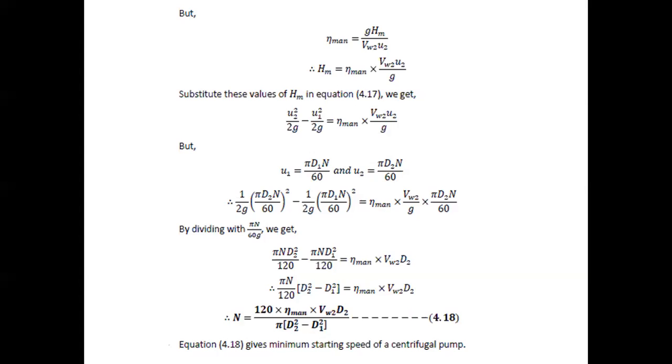So pi N by 120 is common: d2 square minus d1 square equals efficiency Vw2 d2. So N equals 120 times manometric efficiency times Vw2 d2 upon pi into (d2 square minus d1 square). This equation gives the minimum starting speed of the centrifugal pump.